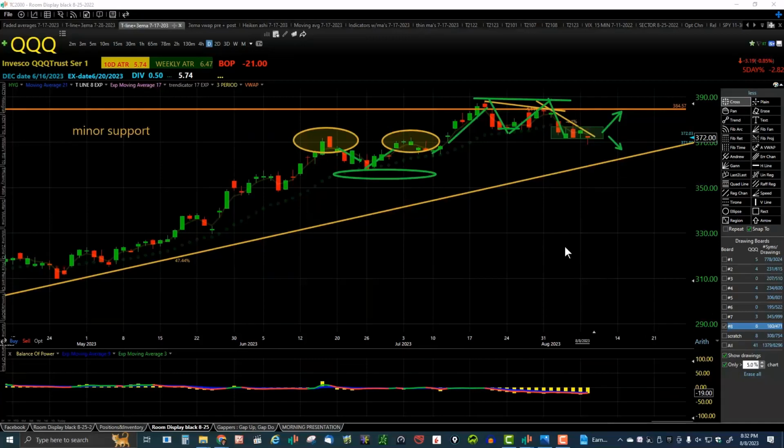Yes, Qs are getting very close to the 50 SMA. The SPY is also, Trader X, I do see the SPY coming down to possibly have a date with the 50 SMA. I'll pull up the moving average chart here just a second. Here's the moving average.